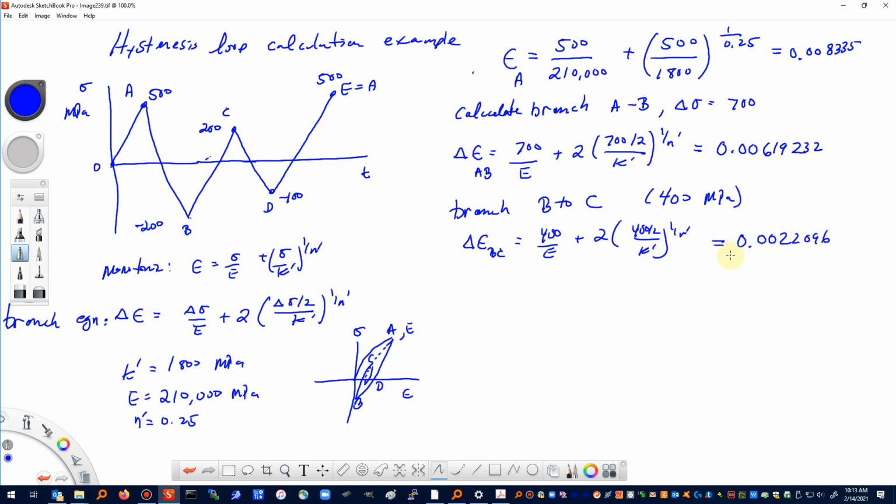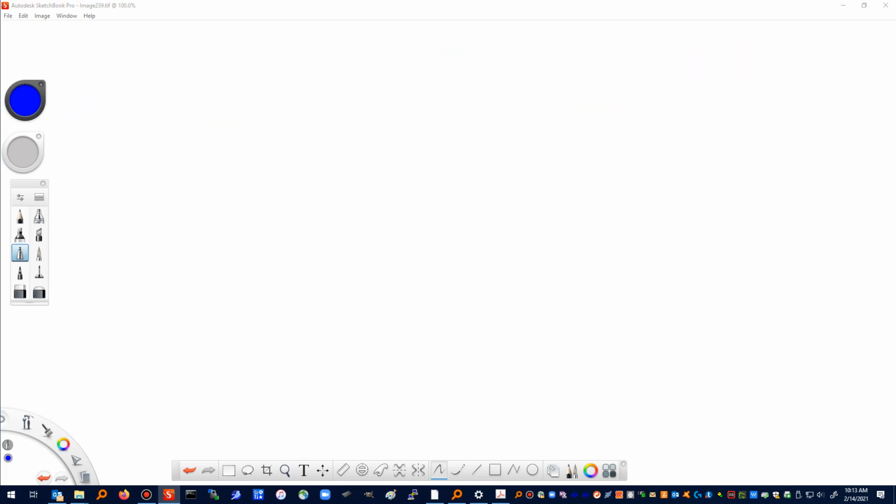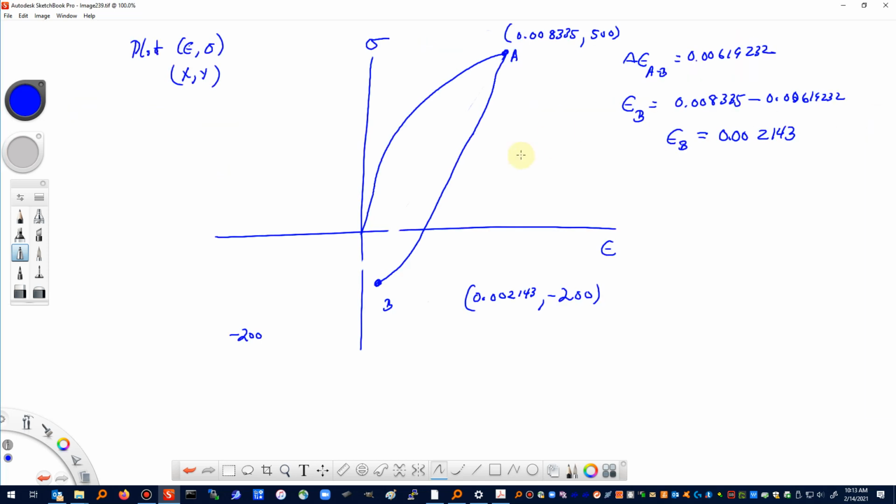With this number, I can calculate where my epsilon C is. Epsilon C is going to be the strain at point B minus my delta epsilon BC. For that, I get 0.004352. So let's go back to here.